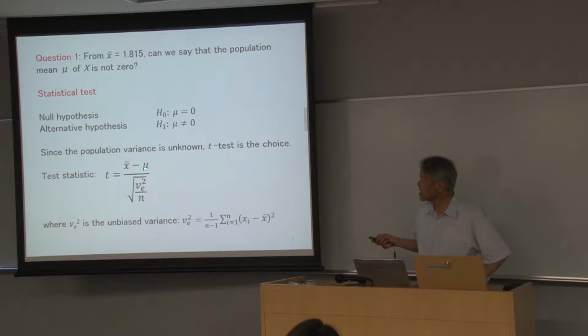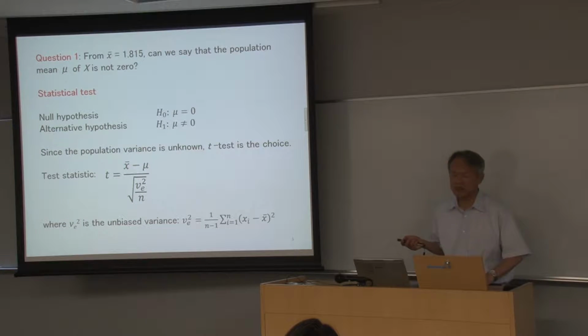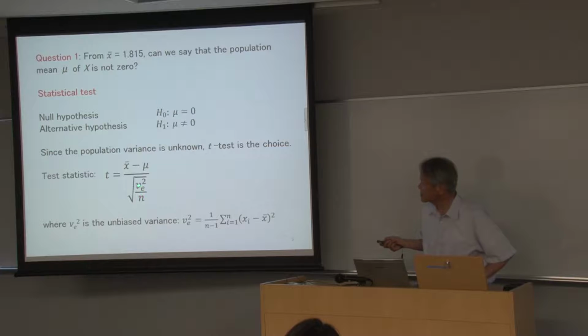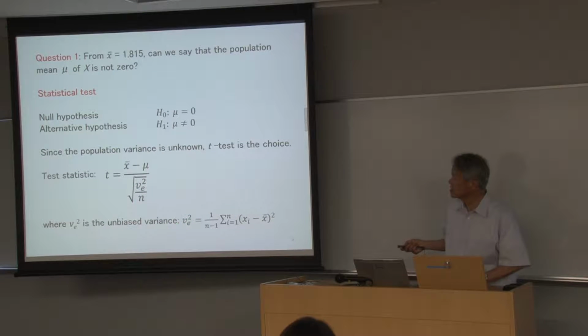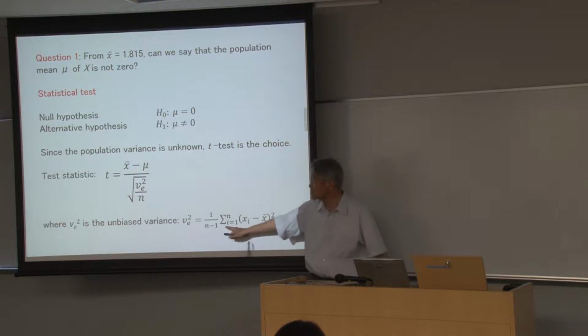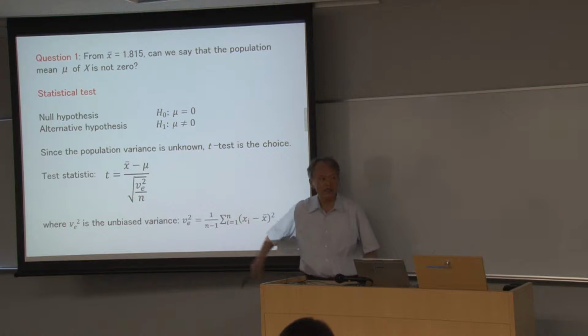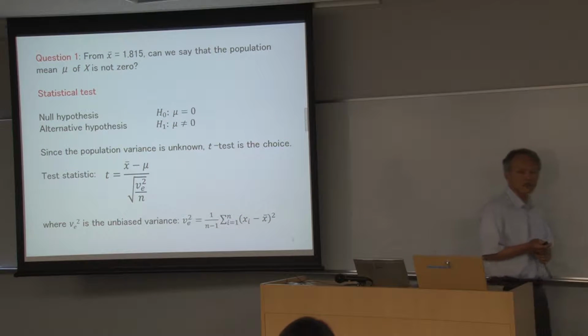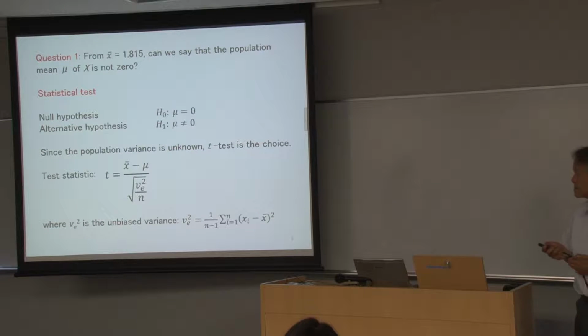X bar is the mean, and mu is the population mean. And here, V squared is given by this equation. This is called unbiased variance. So here, this value is divided by n minus 1. This is the unbiased variance. And n is the sample size.